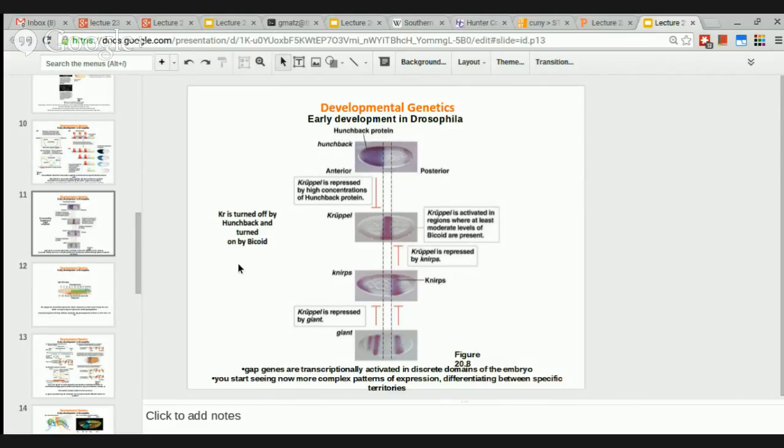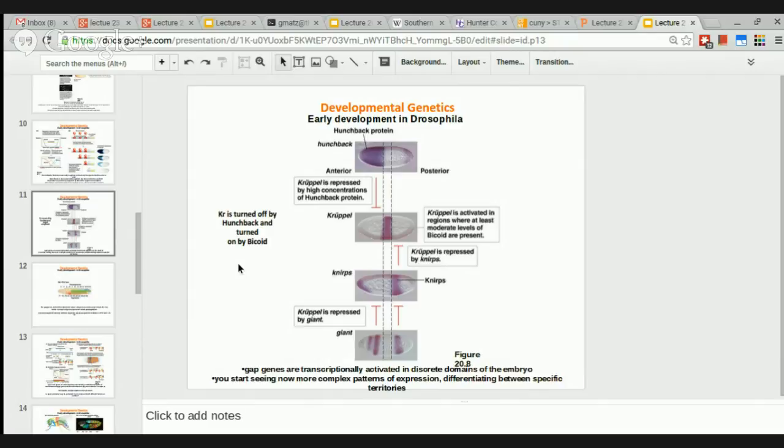Hunchback is still present, but not to an extent that it completely prevents translation. So you see that with these regulatory relationships, you are able to explain more complex patterns for gap genes expressed in broad regions in the embryo, such as the middle zone or the abdominal zone, etc.